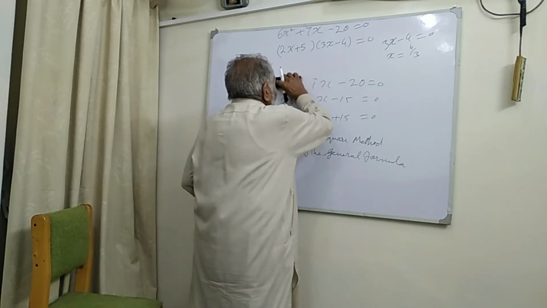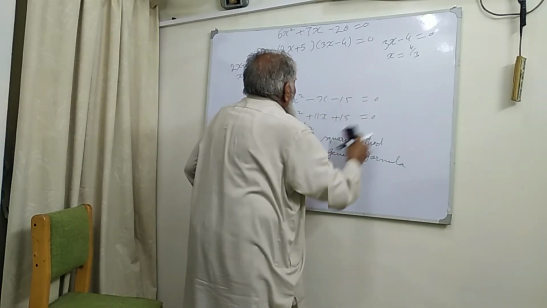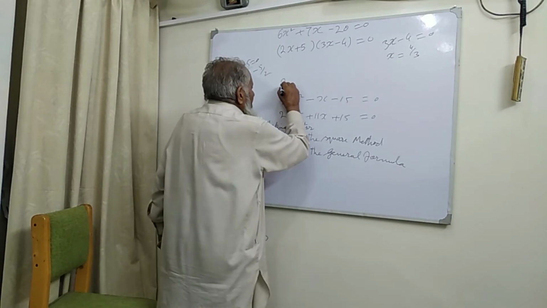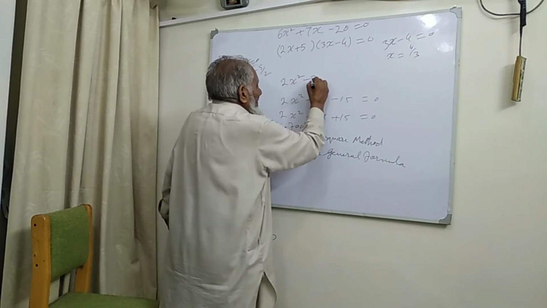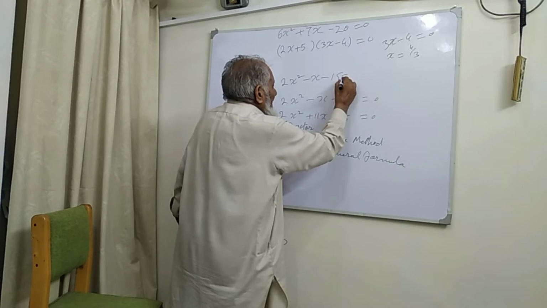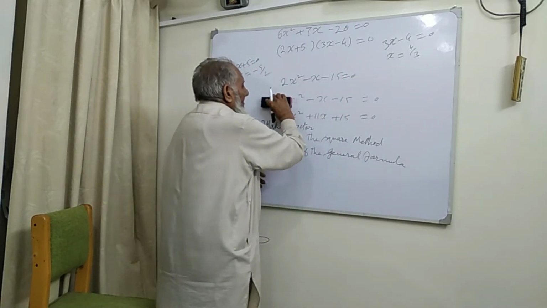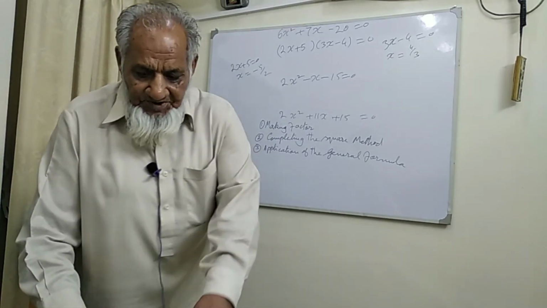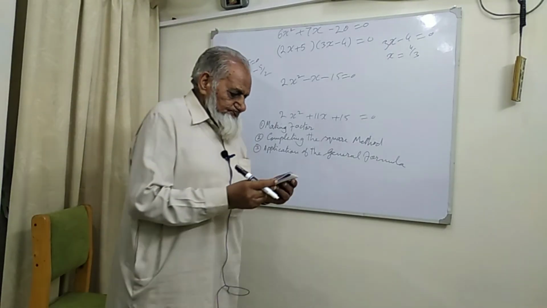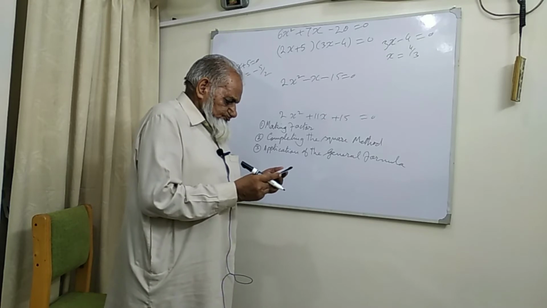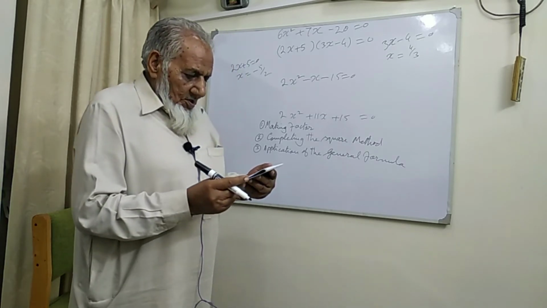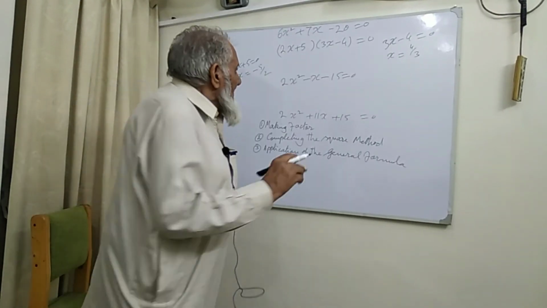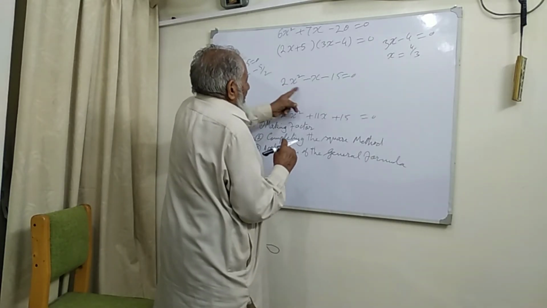Let us try the second one. This is 2x square minus x minus 15 equal to 0. Now the factors of this equation: 15 into 2 is 30.